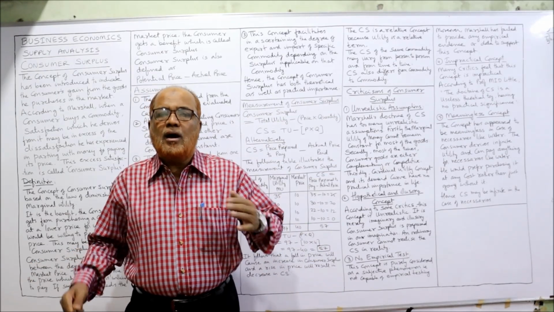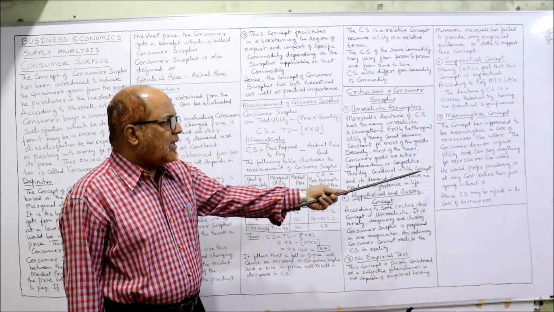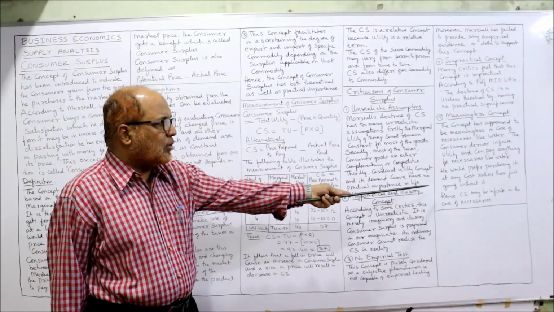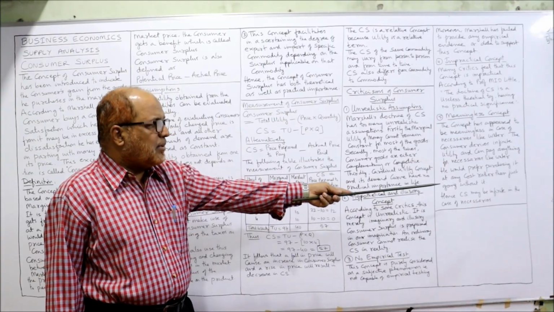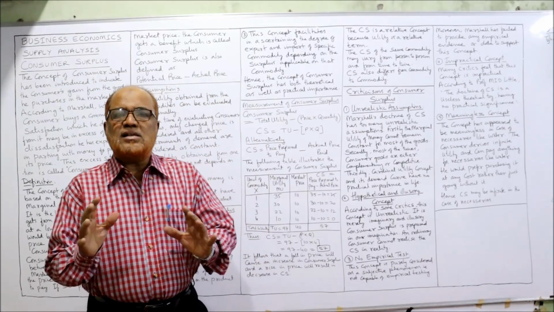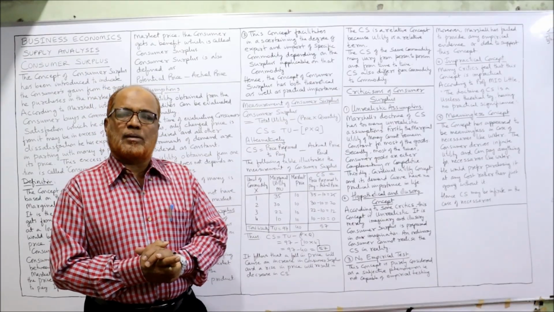We cannot compare how much he is willing to pay and how much is the market price. Lastly, he would prefer purchasing it at any cost rather than going without it. Hence, consumer surplus may be infinite in the case of necessaries. That's all. These are the criticisms leveled against consumer surplus.